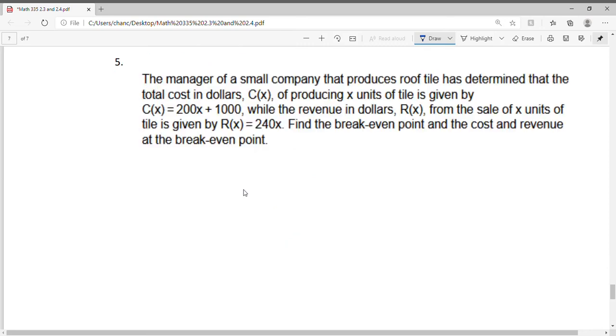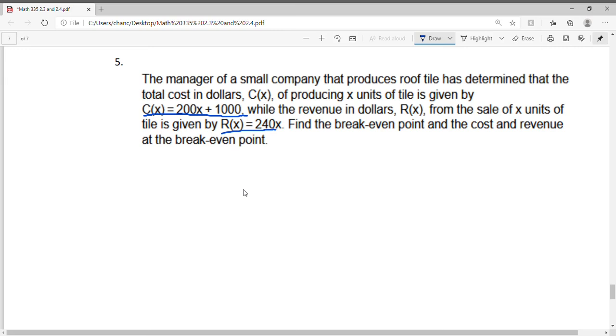Question 5. The manager of a small company that produces roof tile has determined that the total cost in dollars C of x of producing x units of tile is given by C of x equals 200x plus 1,000, while the revenue in dollars R of x from the sales of x units of tile is given by R of x equals 240x.